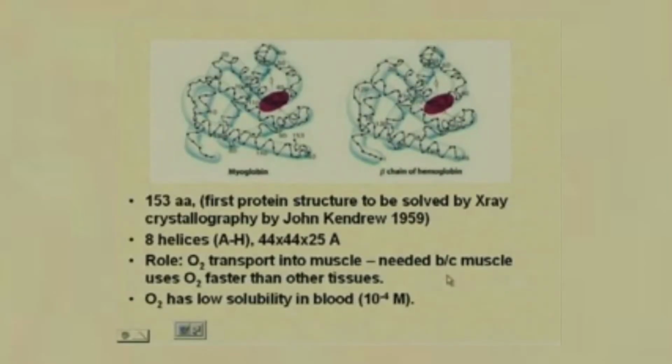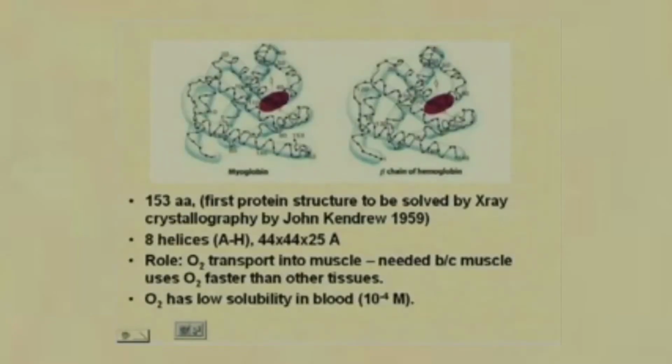It is needed because the muscle is going to use the oxygen much faster than the tissues or the lungs, because the lungs are always getting a supply of oxygen, but the tissue is using up the oxygen. Okay? So the myoglobin is present more in the tissues. Why? So that it can provide the oxygen that is required.